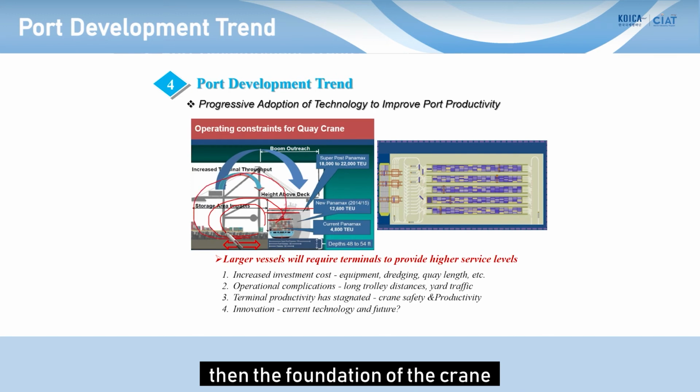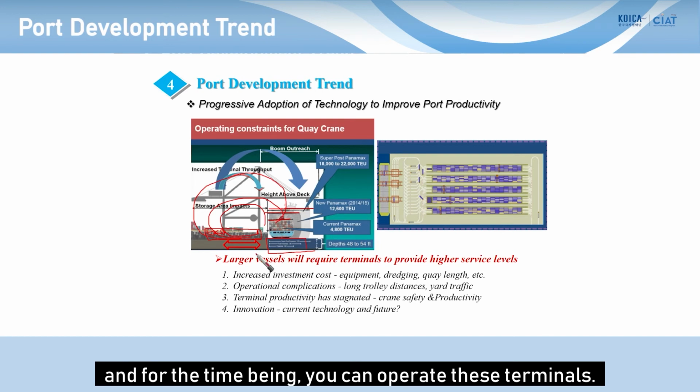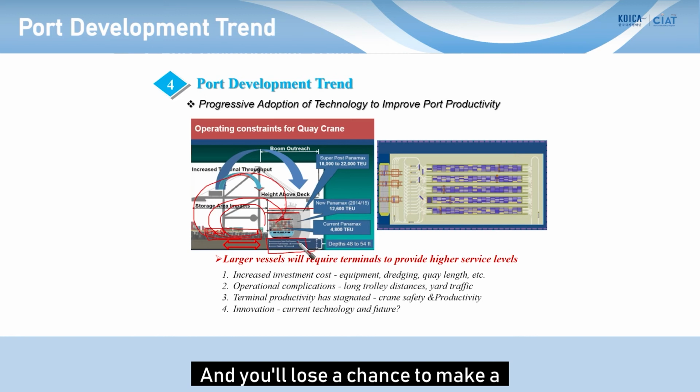Then the foundation of the crane track will be changed, and you need renovation of the foundation. You need to dredge the berth area, and for the time being, you can't operate these terminals, and you will lose the chance to serve incoming vessels.